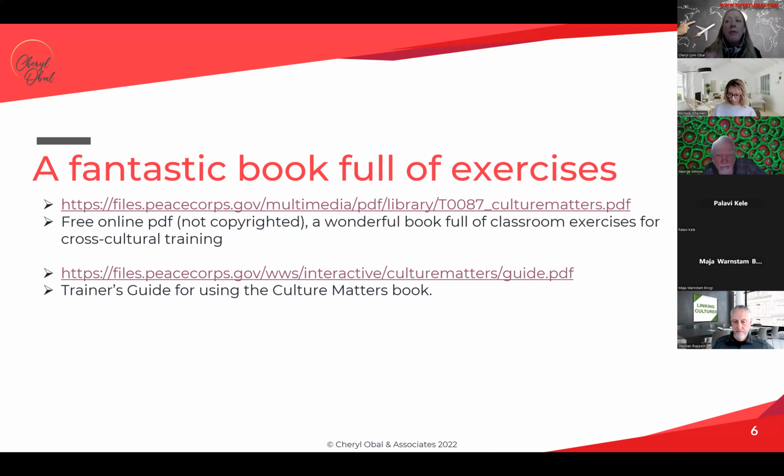It could be really useful if you're working with a culture that tends to be direct communicators and they need to adapt their communication style to an indirect culture. Or vice versa, if you come from an indirect culture and you're going to work in a direct culture, you may have to adapt your communication. There's an exercise for both directions inside the book.